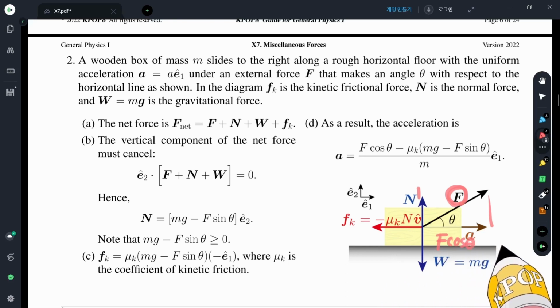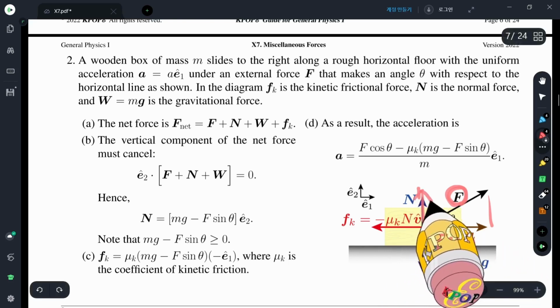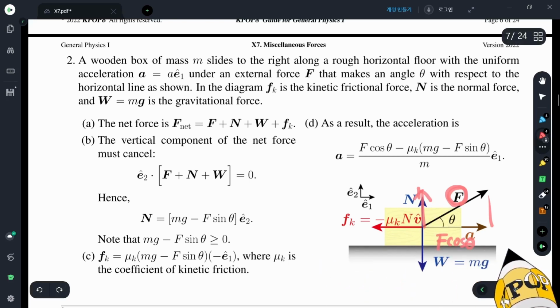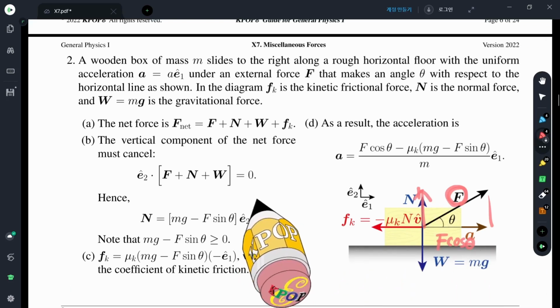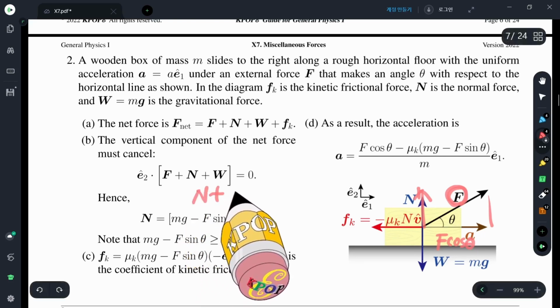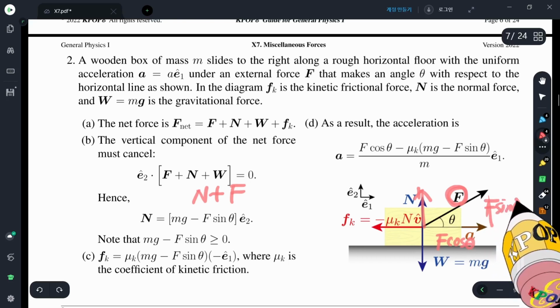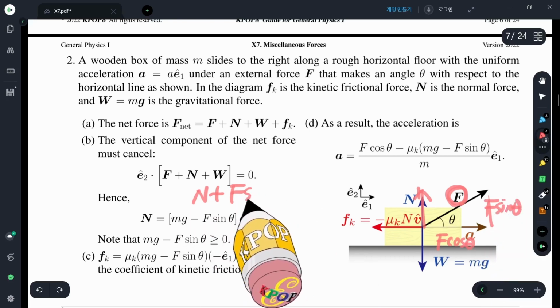Another component is perpendicular to the surface, F sine theta, which is parallel to the normal force.